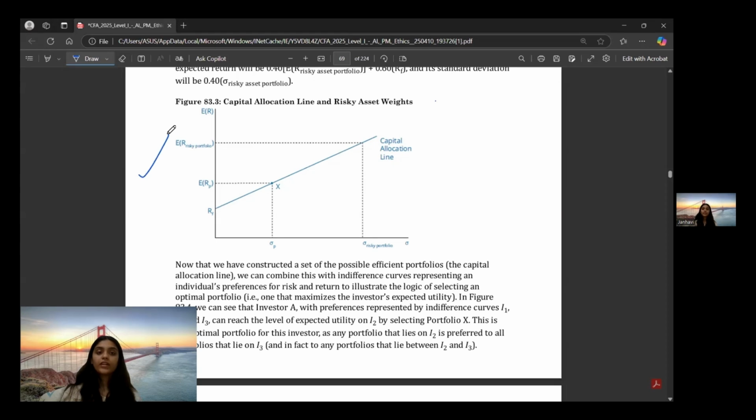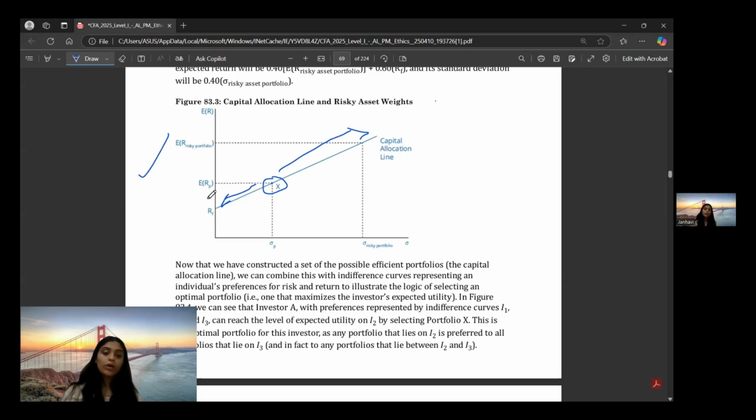So this figure 83.3 is given just to help you understand what the capital allocation line means. So suppose this X is a portfolio. The more you go to the right of this portfolio on the CAL, the riskier your portfolio gets, and the more you go to the left side of the X, the less risky your portfolio gets.